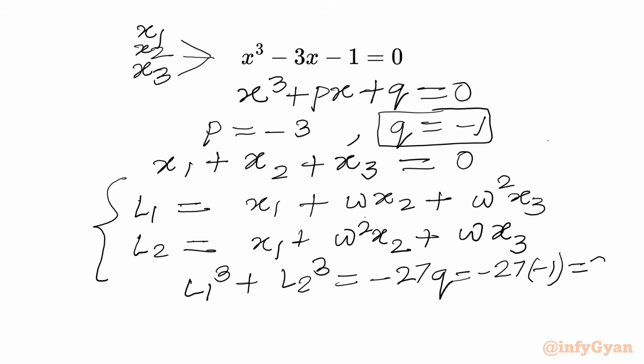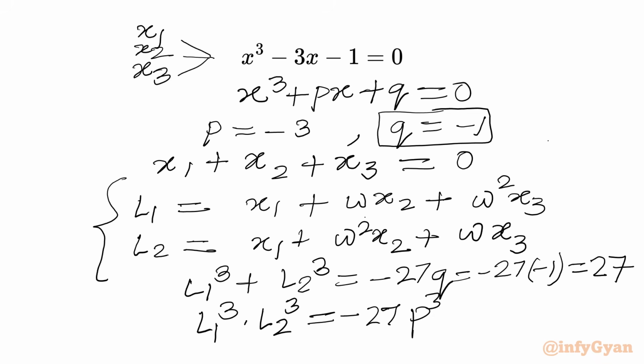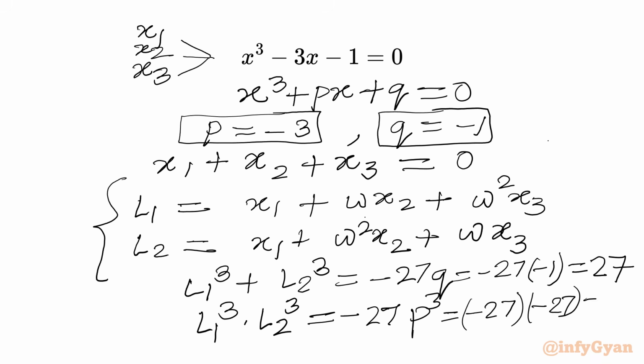L1 cube plus L2 cube would be 27. And the product of L1 cube with L2 cube is equal to -27 p cube. Now p is -3, so p cube would be -27. So -27 times -27 would be 729.